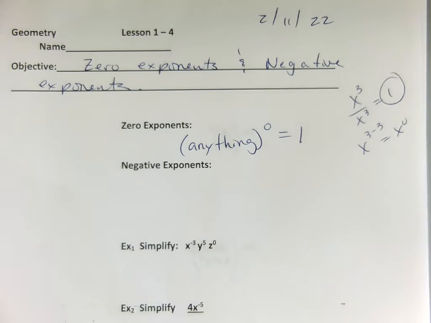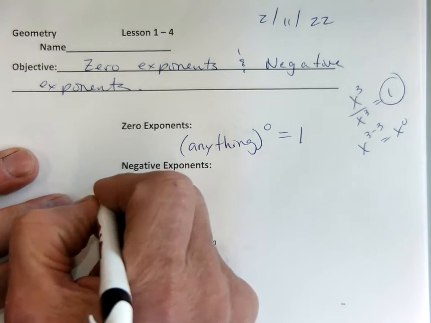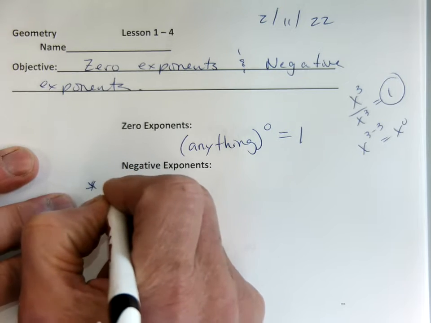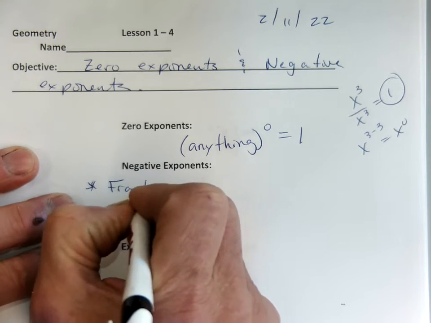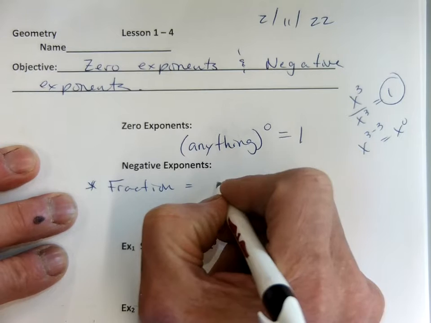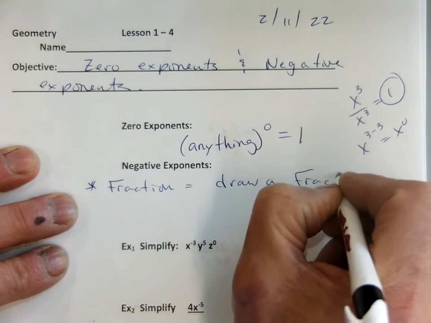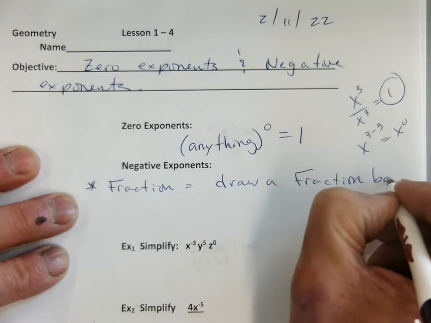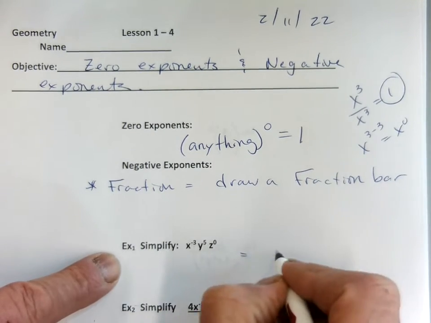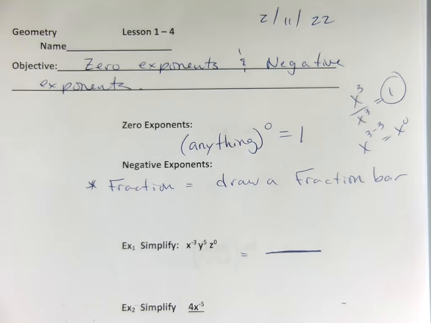Now, negative exponents, I'm going to put think fraction. Okay, so think fraction. And then draw a fraction bar. Like on example 1, I'm just going to go straight to that. That's how I'm going to start my example 1.